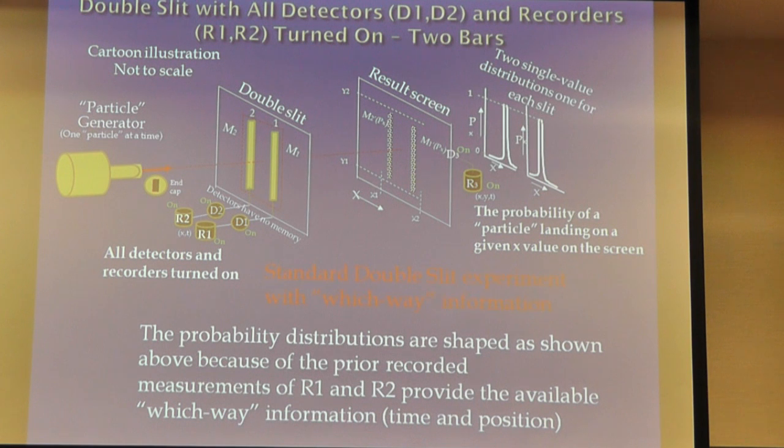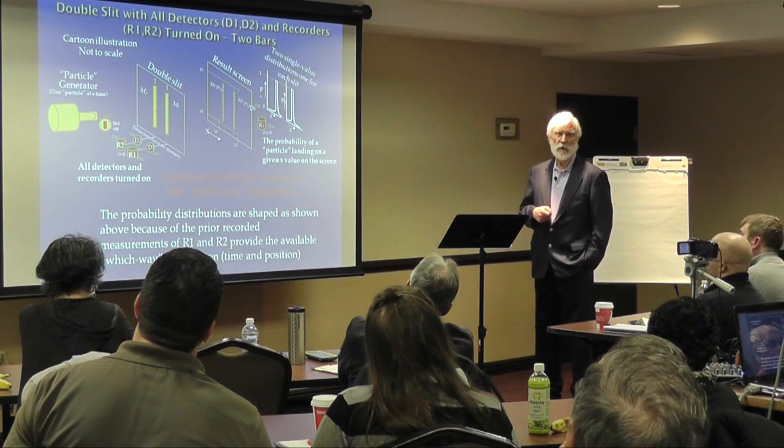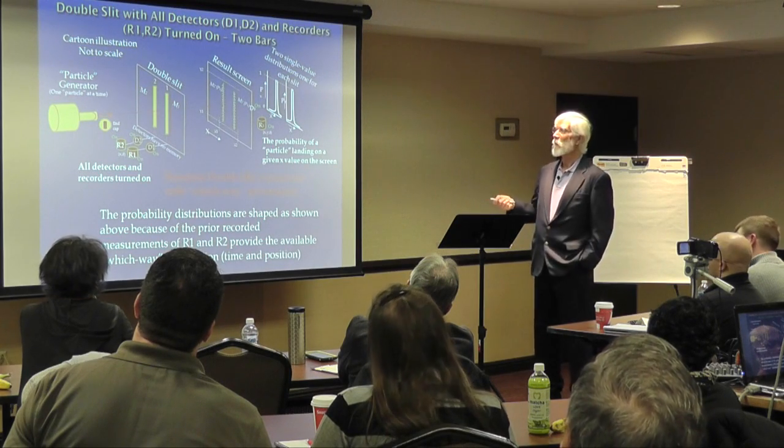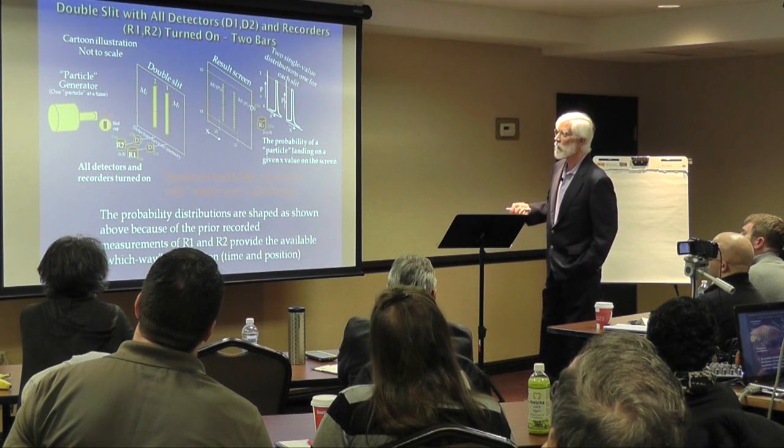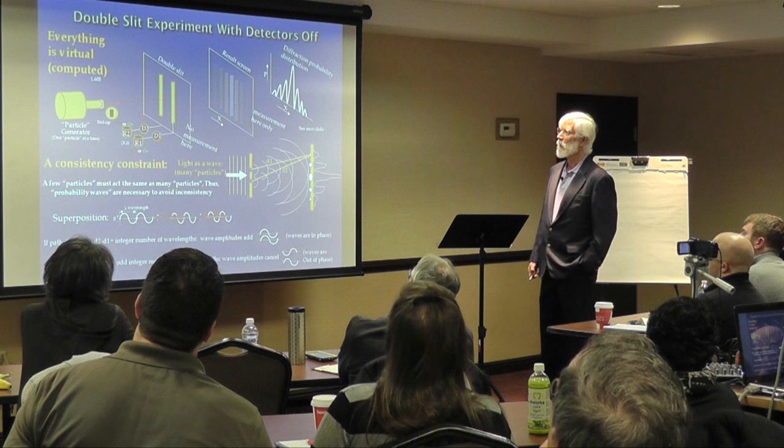So that means if the particle goes through this slit, it's going to have to land here at this x2. There's zero probability to go anywhere else. All right, so that's the way that one works. Let's go to the next one. It's just a quick run through.